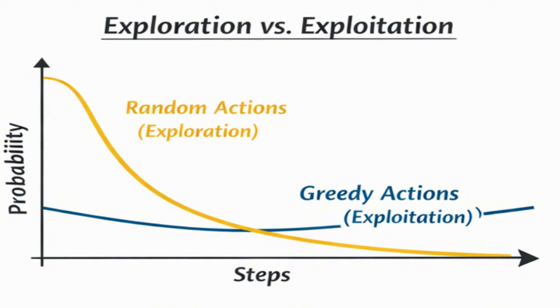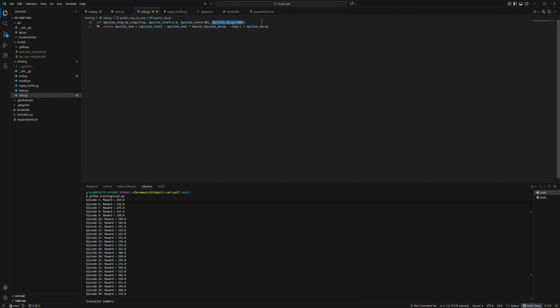One of the things I noticed in my function for the epsilon decay is that when I had epsilon decay at a higher value, anywhere from 10 to 20,000, it was pretty unstable in what it generated. I also started with an epsilon end of 0.05, which generally meant there was 5% randomness that took place.